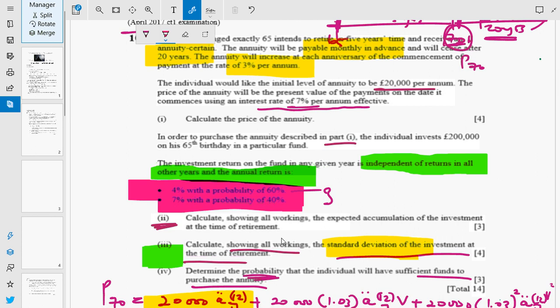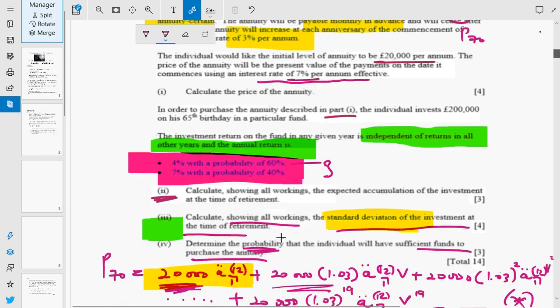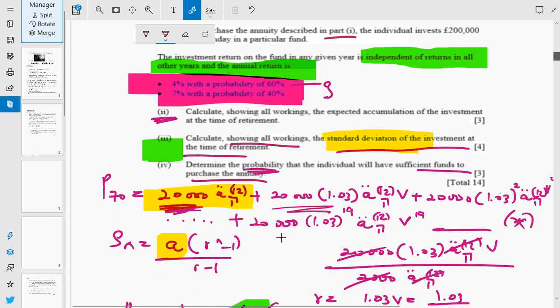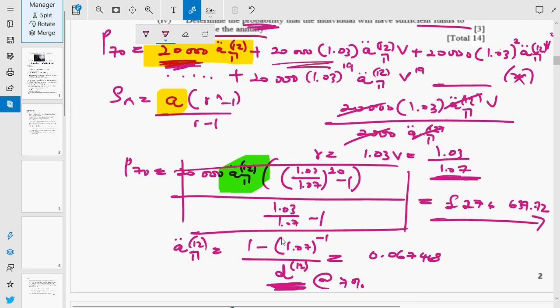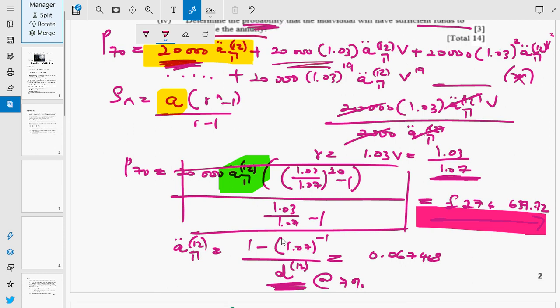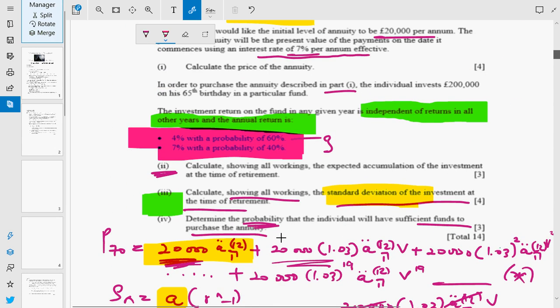Now, we want the probability that our individual has sufficient funds to purchase the annuity. Now remember, the price of the annuity that we want to purchase is this. Now you have to play around with all different combinations of the returns you are given.